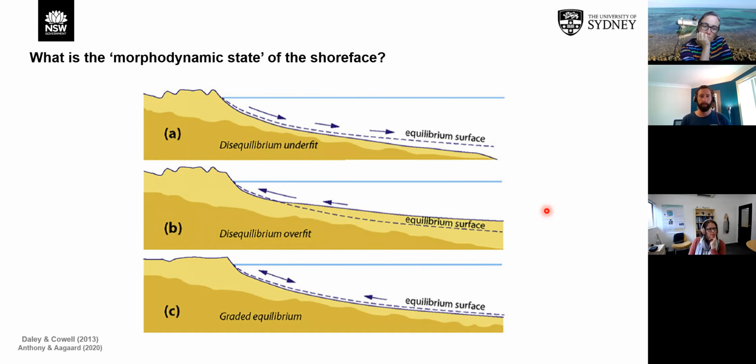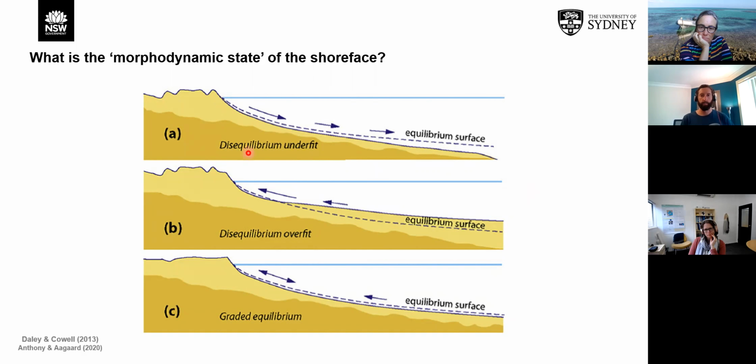that we'll talk about today is the morphodynamic state of the shore face. This came out of some work by a PhD colleague of mine, Mark Daly, and Peter Cowell, my supervisor, and Mark's supervisor. They conceptualized three morphodynamic states of a shore face if we were to try and determine what was going on in that morphodynamic system at a point in time.